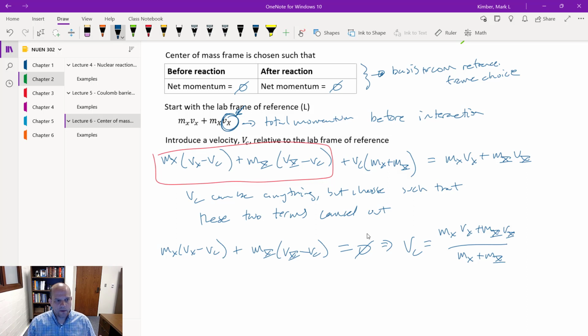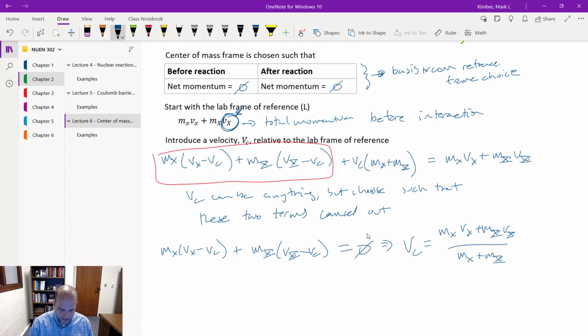That's one thing people get confused about in this analysis: by virtue of energy-mass conservation, I need to allow for a different velocity after the reaction occurs. The scenario is the same in that I'm trying to get the net momentum to be 0 on both the reactant side and the product side. But the value of the velocity I need to use for that to happen is going to be different for each of those.